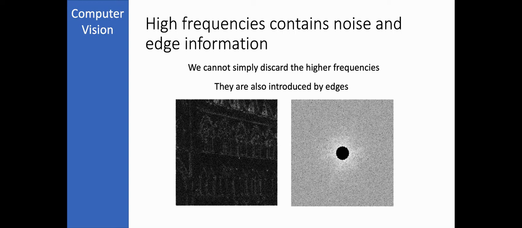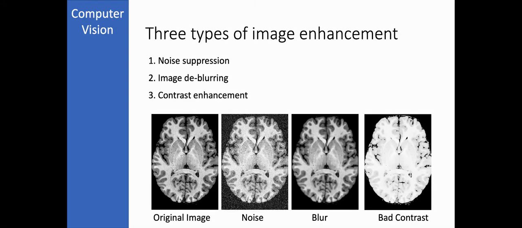Okay, so this gives us a much better understanding of the frequency domain and its relation to noise, its relation to blurring, its relation to contribution of the noise in the high frequency components, and the relationship of noise with edges.